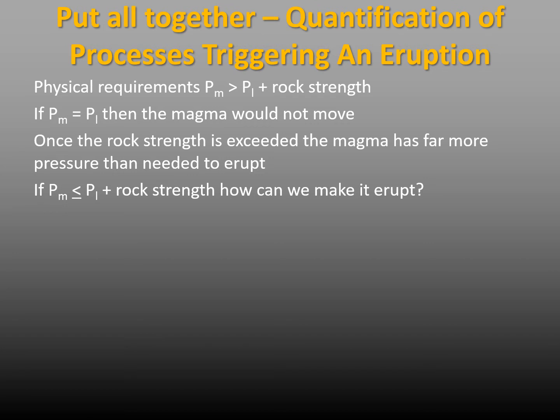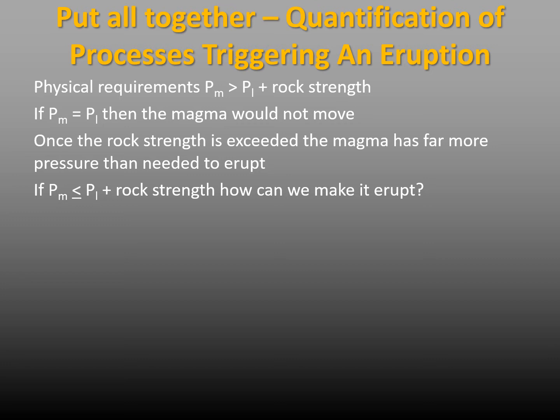So let's start with the condition that magmastatic pressure is less than the lithostatic plus the rock strength. If that's the case, is it going to erupt? No. So this is like 90% of the magma that's in the earth. It doesn't have enough pressure to overcome the lithostatic and the rock strength. So it just sits down there.